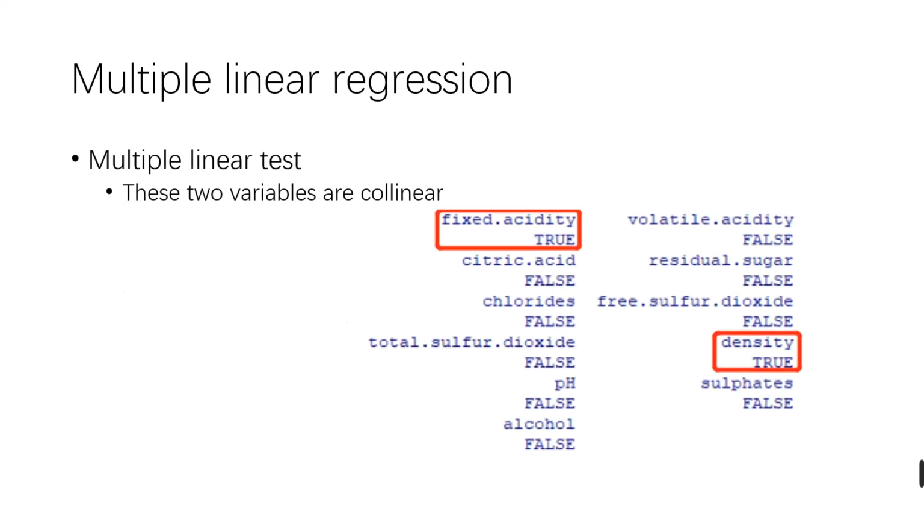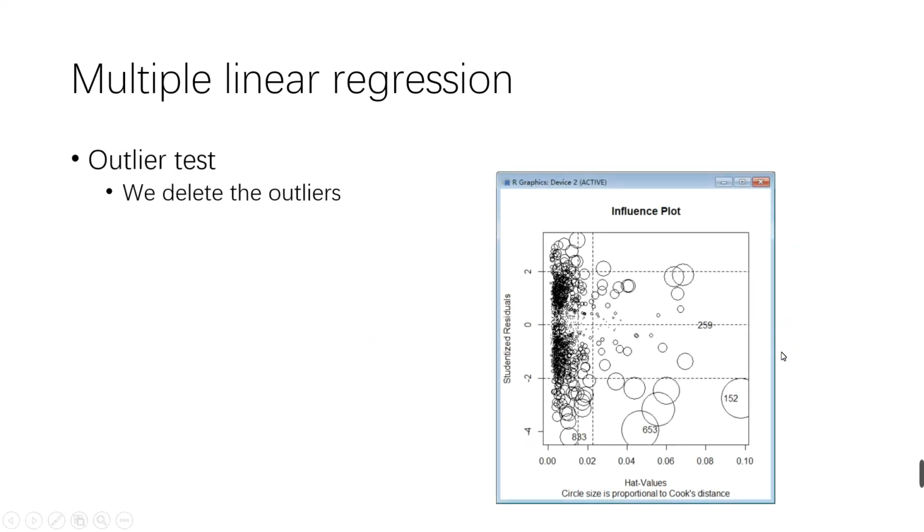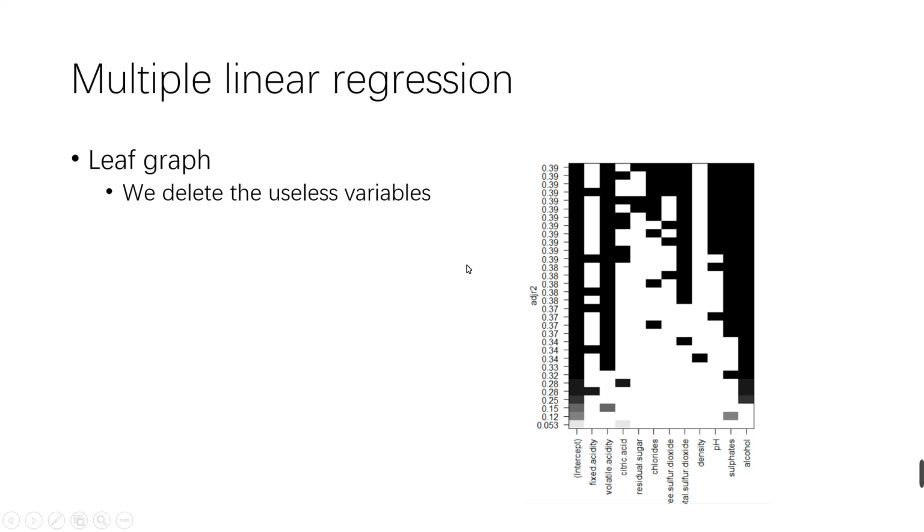And then is a multiple linear test. It shows there are two variables that are collinear. We will delete them later. And then the outlier test is very important. We show all the outliers and then we delete them. After we delete the outliers, we do the leaf graph.